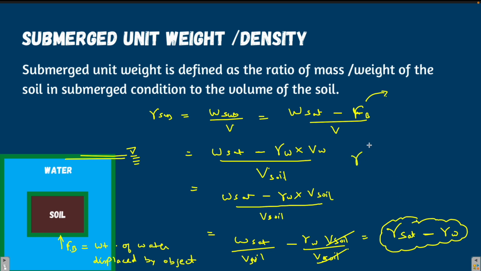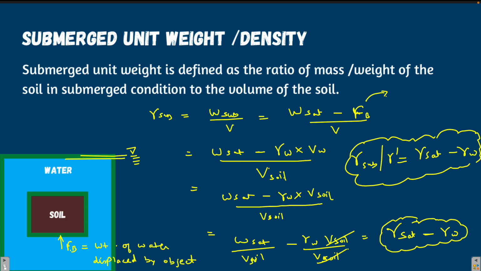That means gamma submerged, sometimes written as gamma sub, or gamma dashed, is gamma saturated minus gamma W. This is one of the most important relationships in soil mechanics. You will encounter it multiple number of times. So please take a note of this. I've just explained how you derive this relationship.